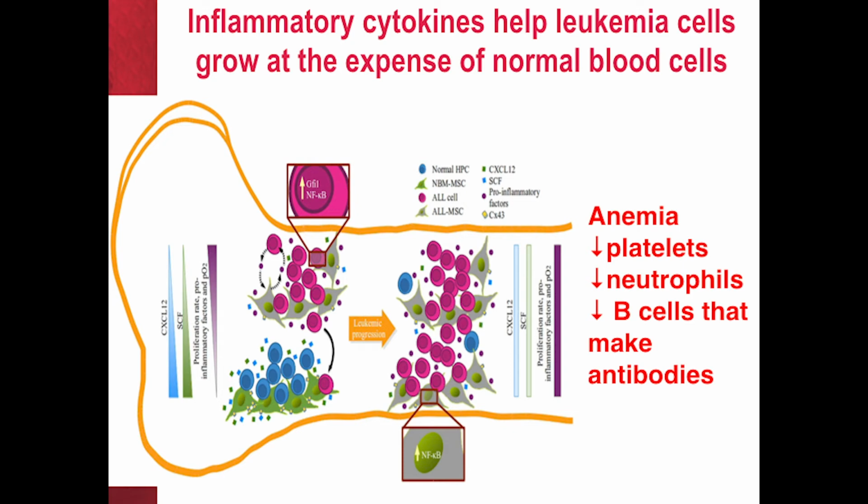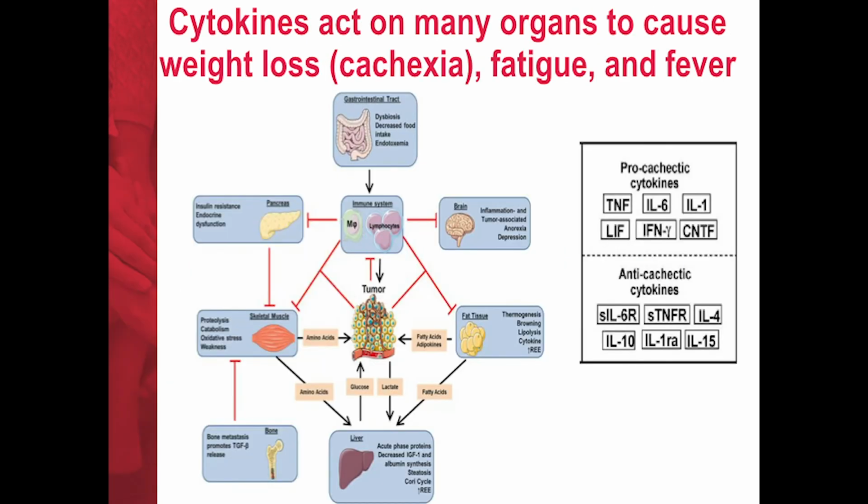High levels of these cytokines can act on many tissues, not just the bone marrow. They can act on the muscle to cause weakness. They can act on fat cells to cause fat cells to release their contents, to support the growth of CLL cells, and that's responsible for some of the weight loss that's seen with symptomatic CLL.